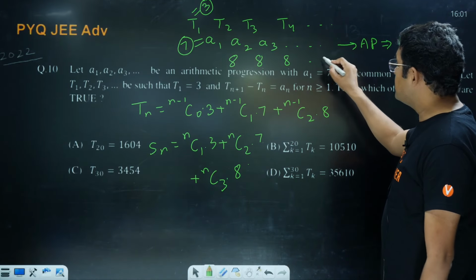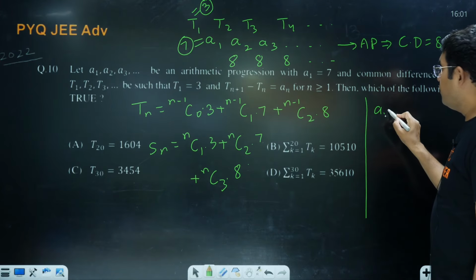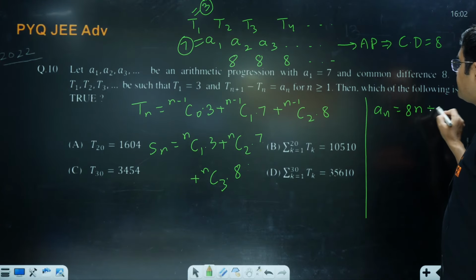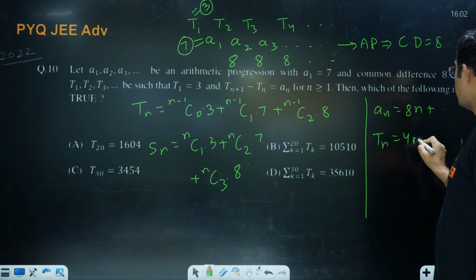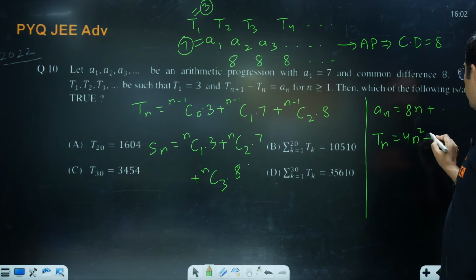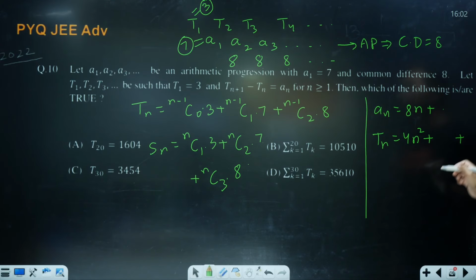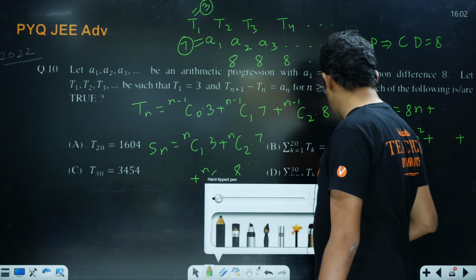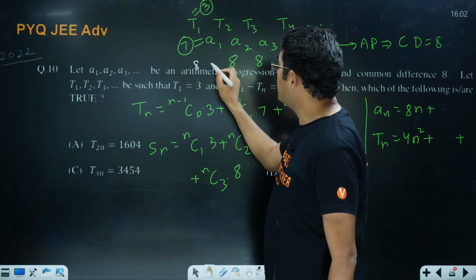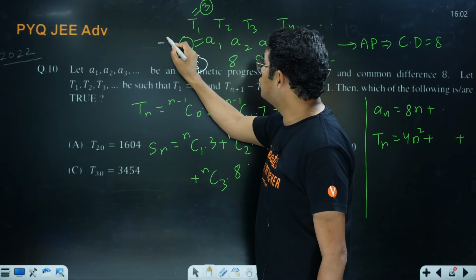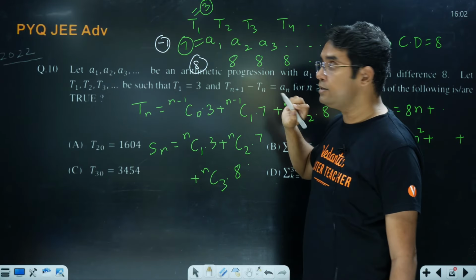Here it is 8, so your An will be 8n plus something. So Tn, if we are looking for, do the integration, 4n square plus something here and then T0. Now to recognize what is T0, I told you this will be 8 here. So the A0 term before that has to be -1, so that the difference is 8.